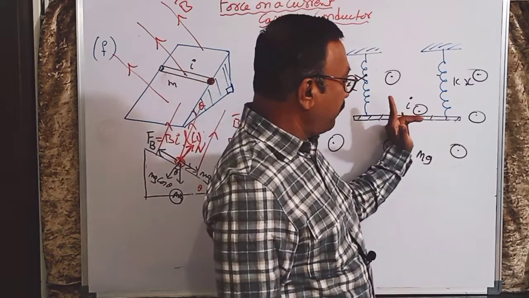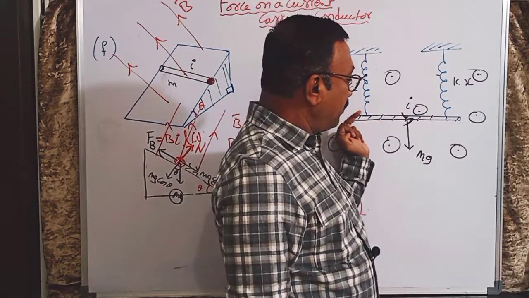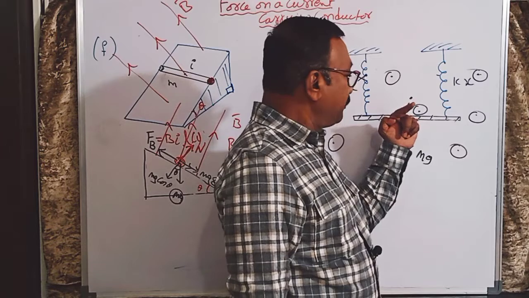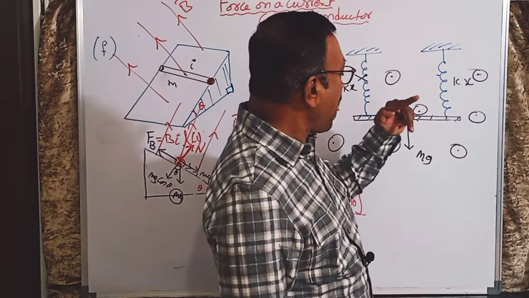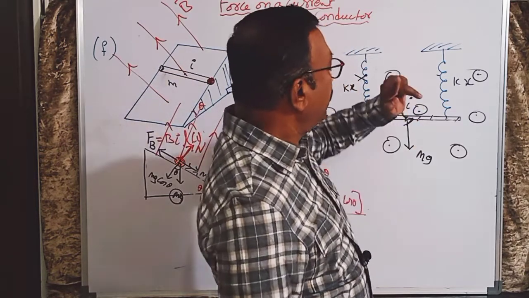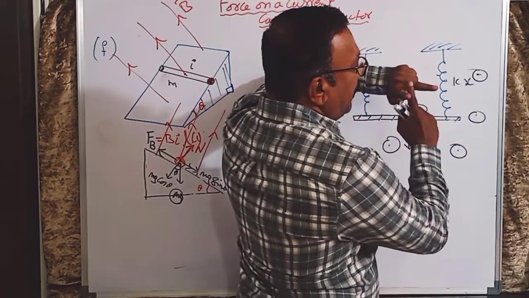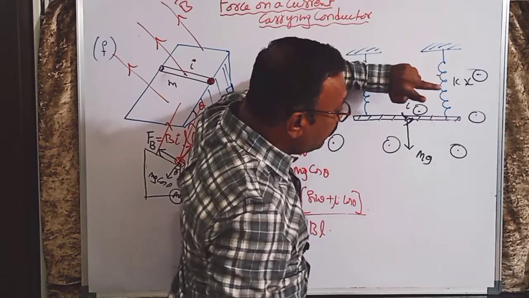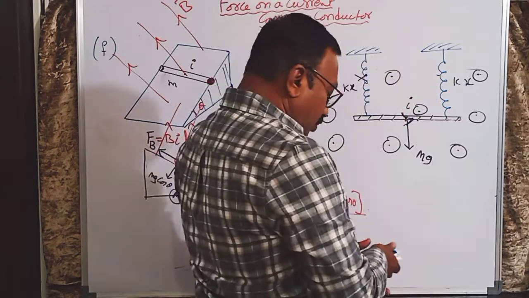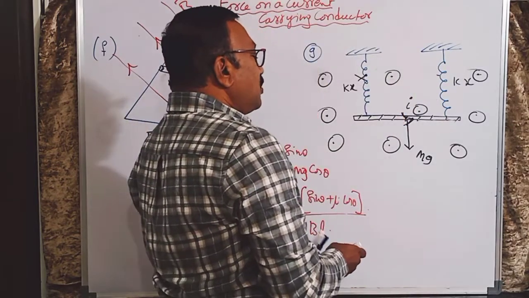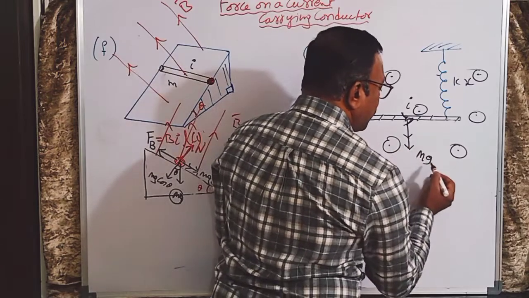Current is this way. First match the magnetic field, outward. And this is the current, towards right. Now where is the force? Downwards. So BIL sin 90 also will be acting downwards.